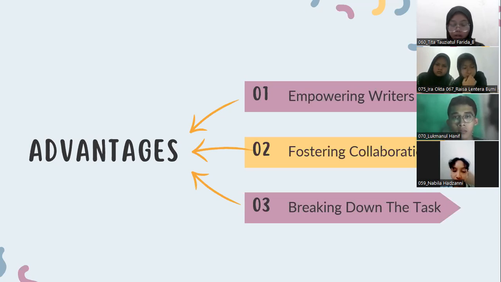By seeking feedback from readers and using that feedback in their revisions, writers can collaborate with others to improve their writing. And for the last is breaking down the task. A process-based approach divides the writing task into smaller units, making it less daunting and more manageable for writers.